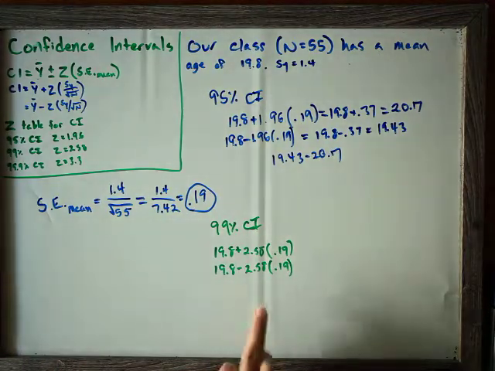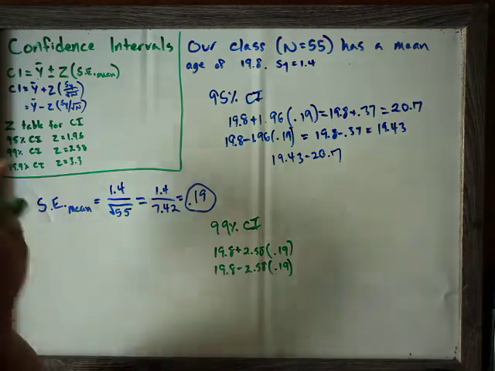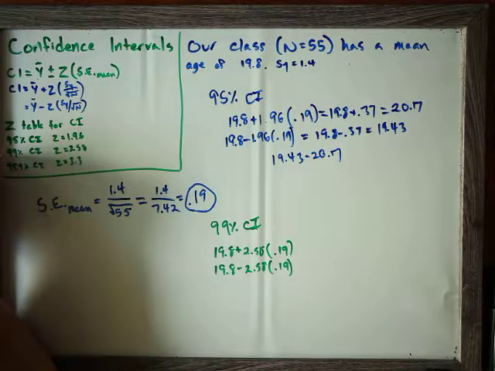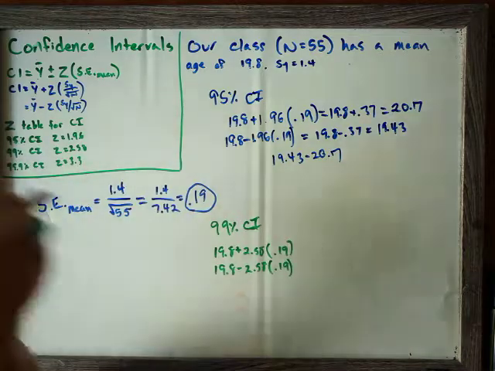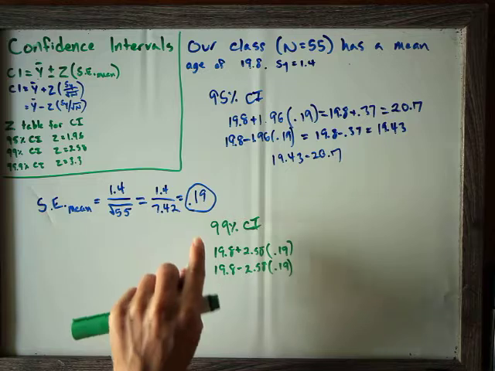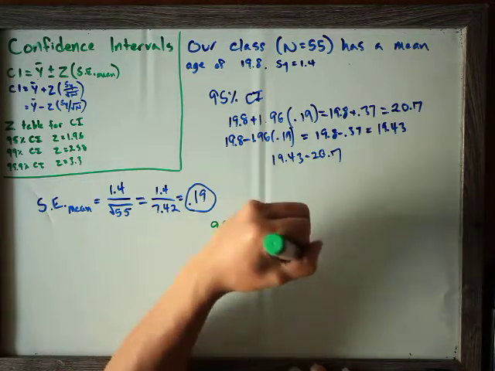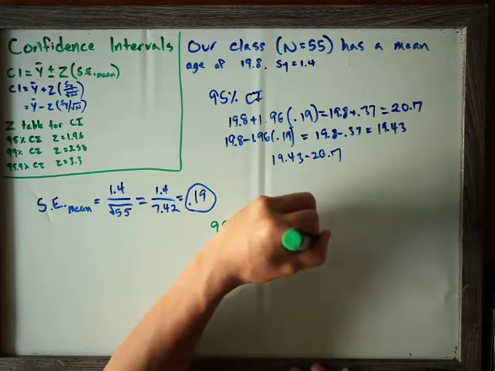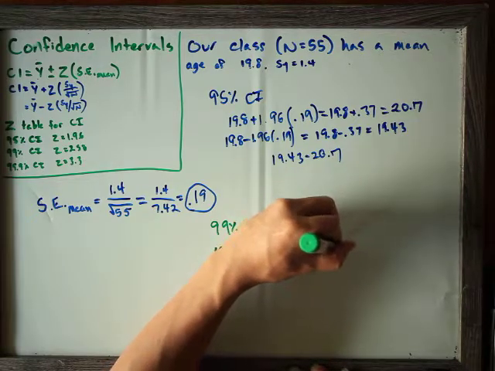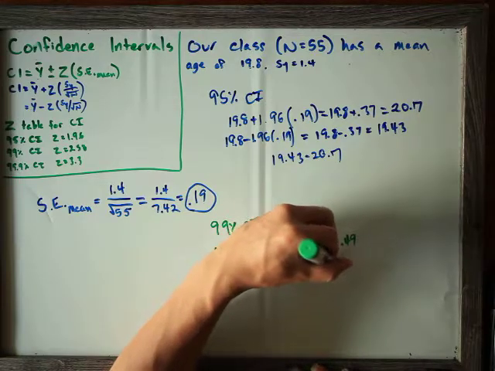The only thing you change when you're going from a 95% to a 99% or a 99.9% confidence interval is this z-score. You're just multiplying the standard error of the mean by a different value. So 2.58 times 0.19 is 0.4902, or just 0.49. So 19.8 plus 0.49 and 19.8 minus 0.49.